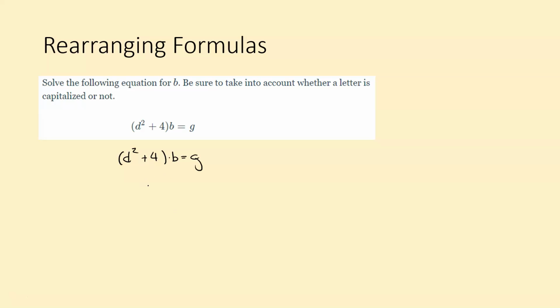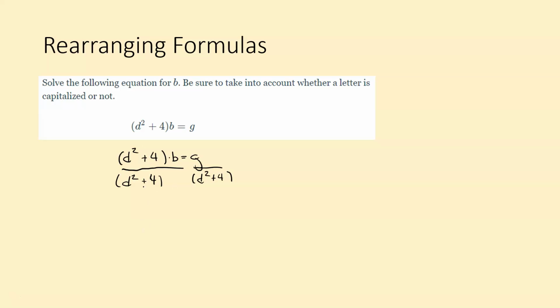So since we're multiplying this whole thing together, we can just as easily divide that whole thing, d squared plus 4. And if we do it on one side of the equation, we have to divide on both sides of the equation. d squared plus 4.